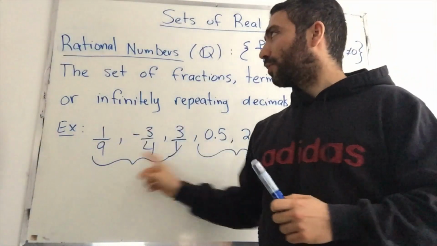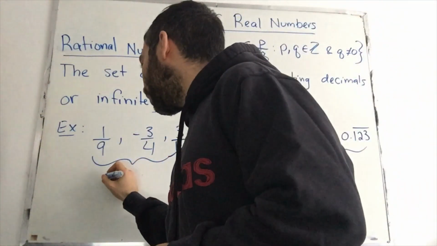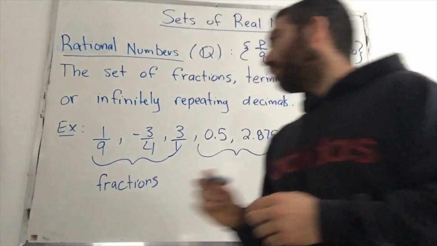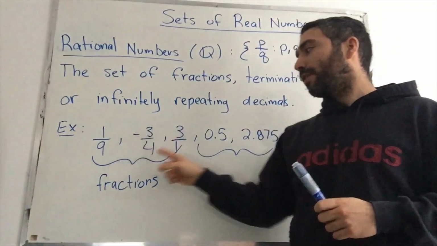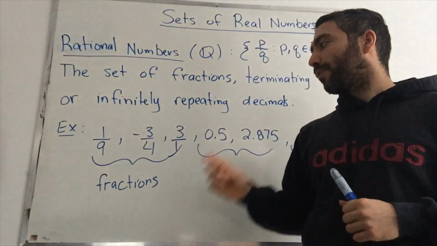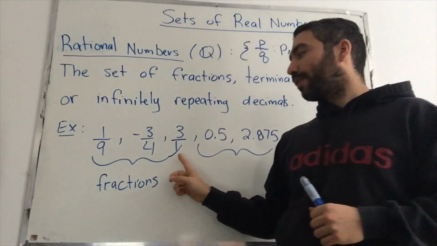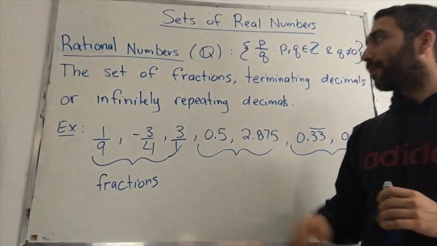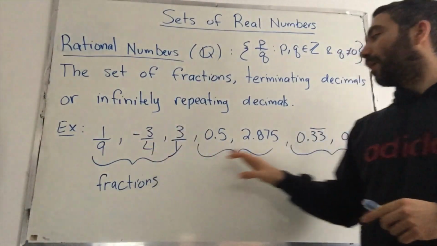So these are examples of rational numbers, and they are all fractions. The second you see a fraction and the numbers are integers, 1 and 9 are integers, 3 and 4 are integers, 3 and 1 are integers, and when they're dividing, we have fractions. So this is a rational number.